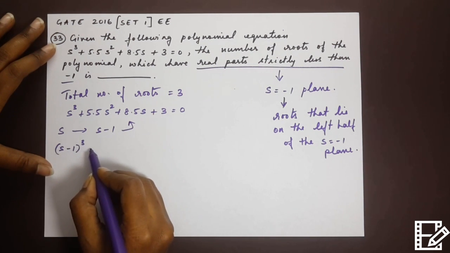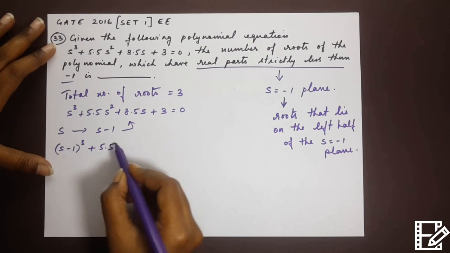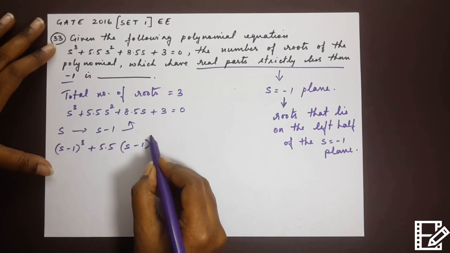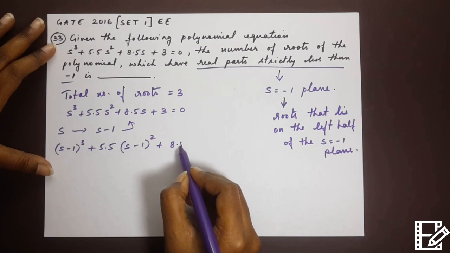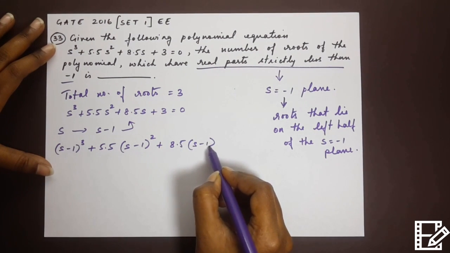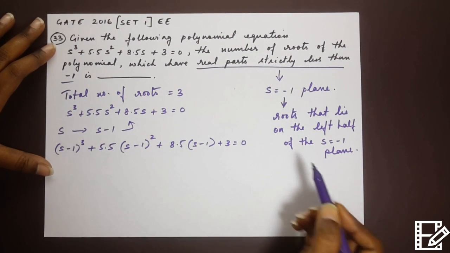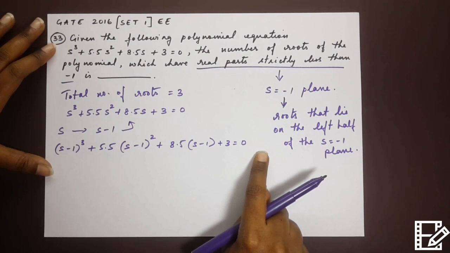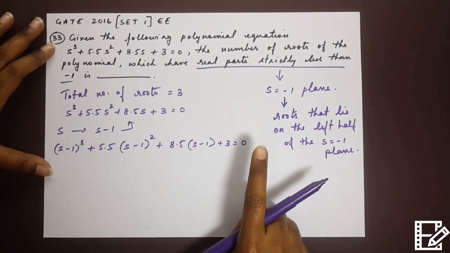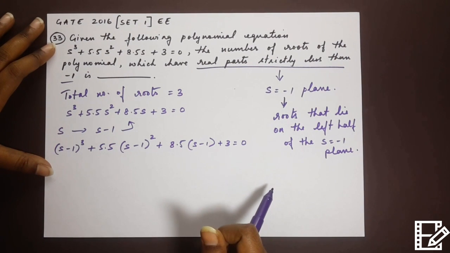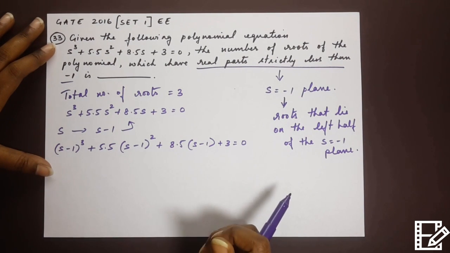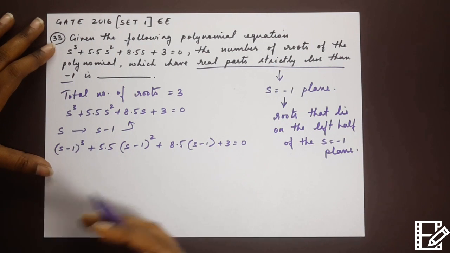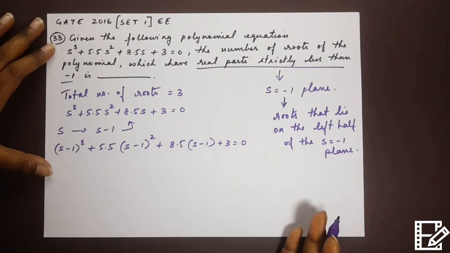So, that's (s minus 1) cube plus 5.5 (s minus 1) square plus 8.5 (s minus 1) plus 3 is equal to 0. Now, you have to expand this entire equation and it has to result back into a polynomial of s power cube form.